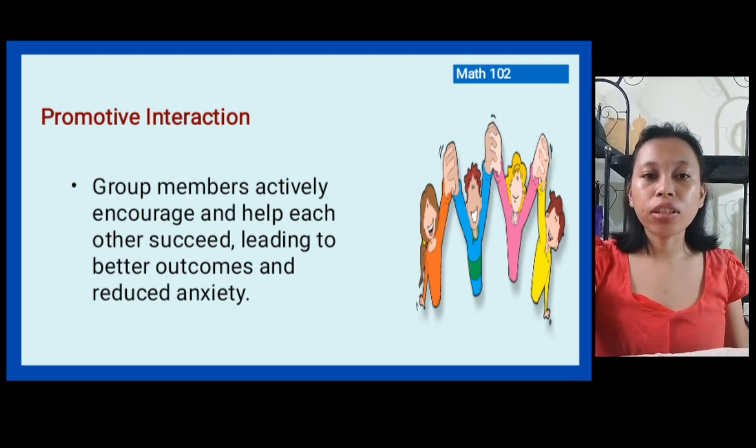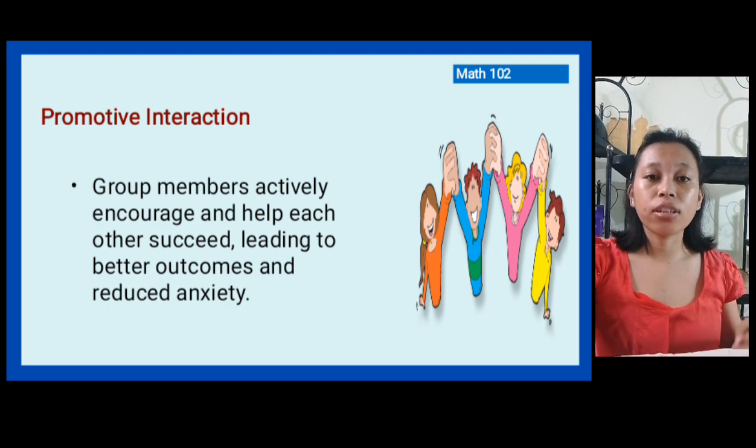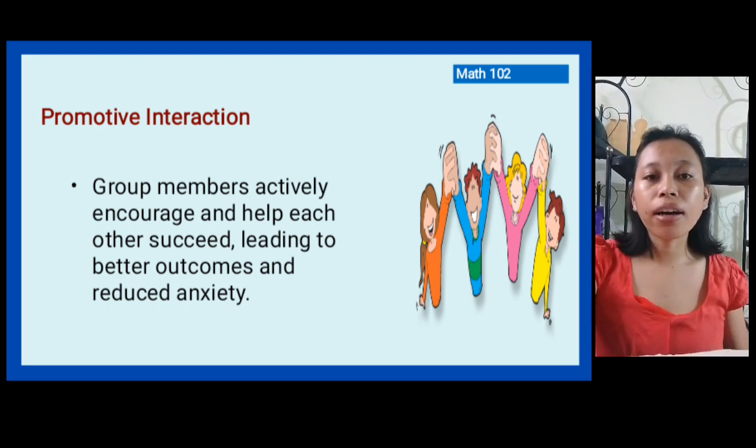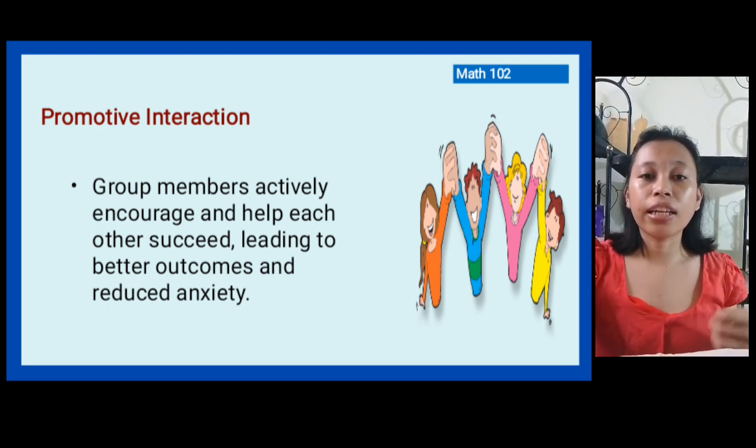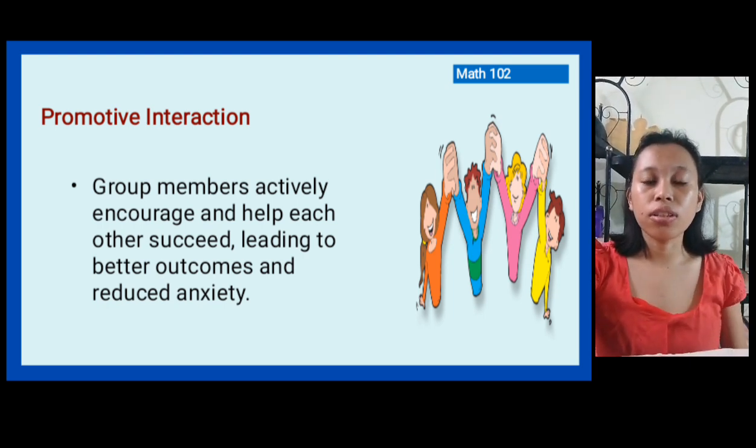Group members actively encourage and help each other succeed, leading to better outcomes and reduced anxiety. Promotive interaction is where students actively encourage and support each other's efforts to complete the task and achieve the group's goals. They provide constructive feedback, help each other understand concepts, and work together to find solutions.